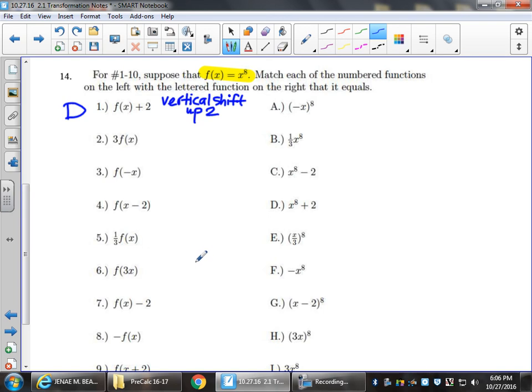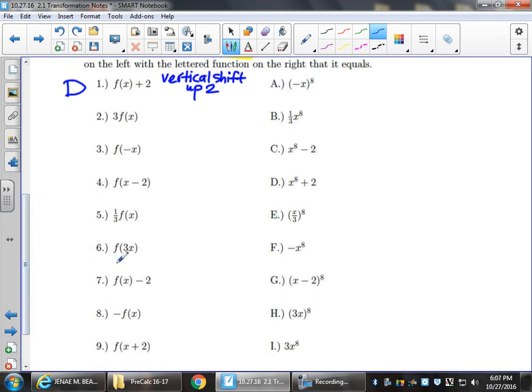Let's try one more. I'm going to pick number 6. F of 3x. And notice the 3 is on the inside. This is going to be a vertical stretch.